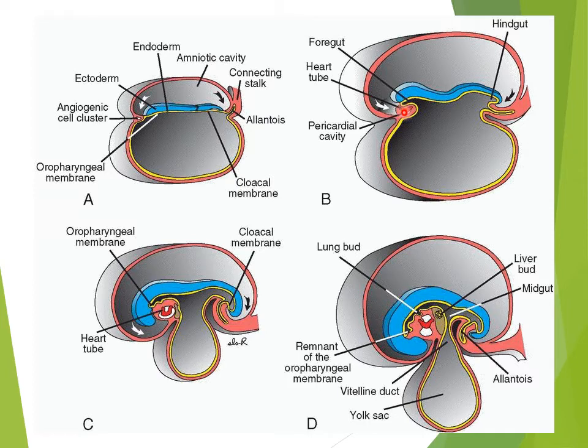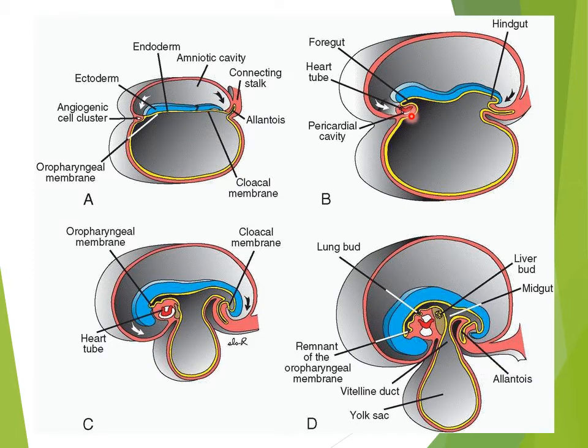Then when there is a cephalocaudal folding, it approaches these two areas closer to each other. And in that activity, it is incorporating the endodermal lined yolk sac.